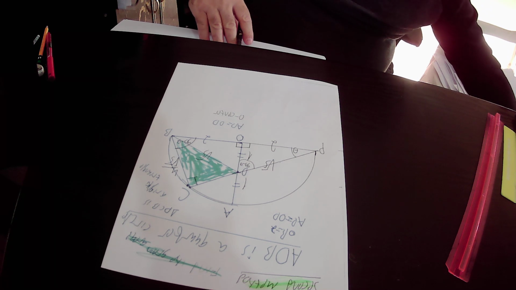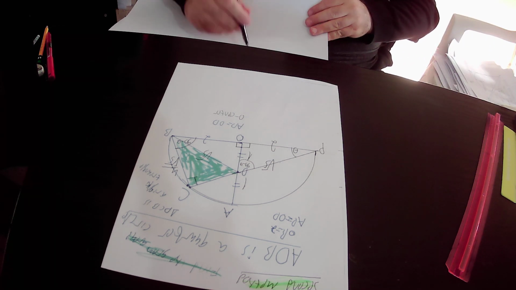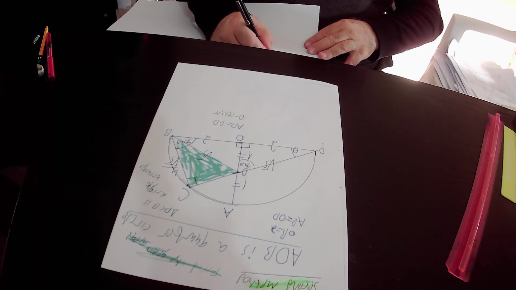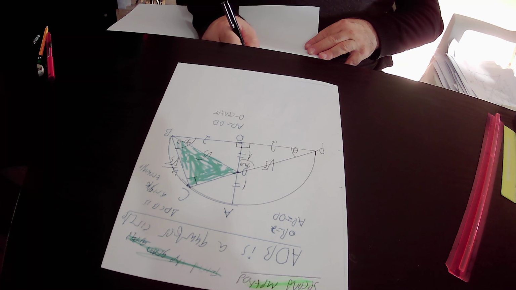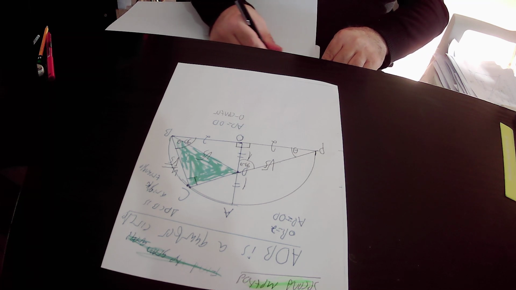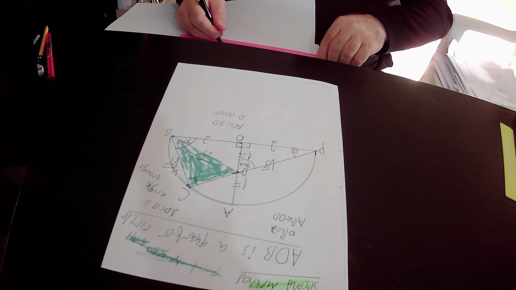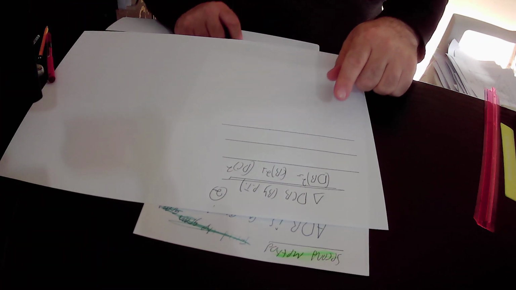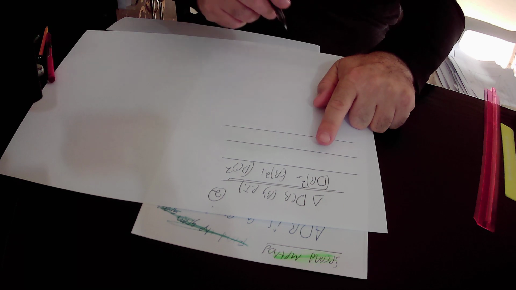On the right blue triangle DCB, according to the Pythagoras theorem, we will get that DB square equals CB square plus DC square.